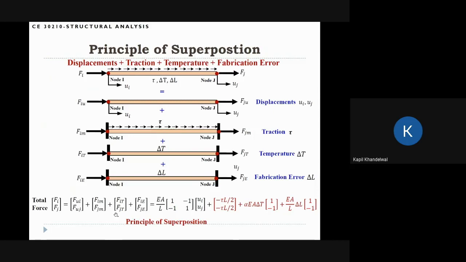So you have to remember that not every member will have all the effects. Sometimes these three additional terms might be present or might not be present. So it depends on the problem that is given to you. Whenever you're doing a problem, be very careful to include these effects whenever they are present in an element.